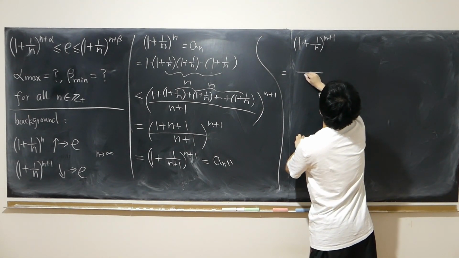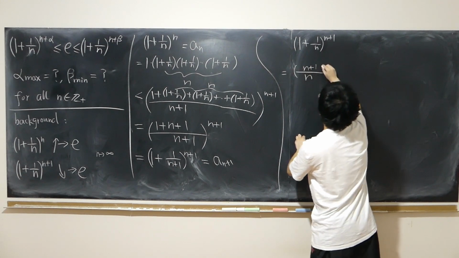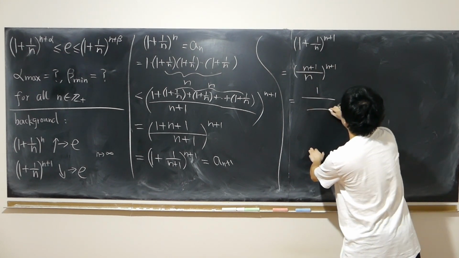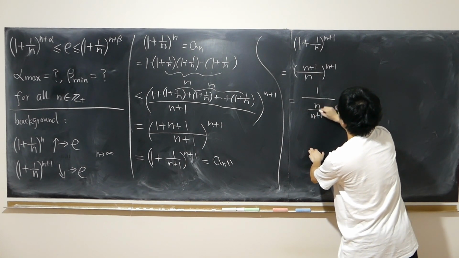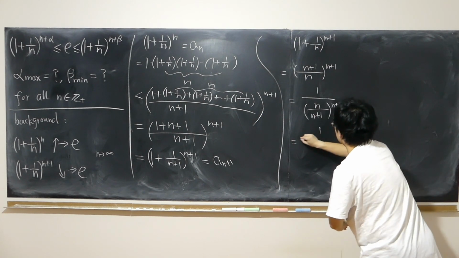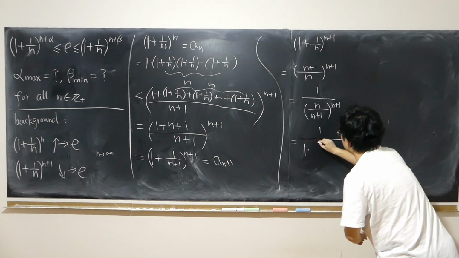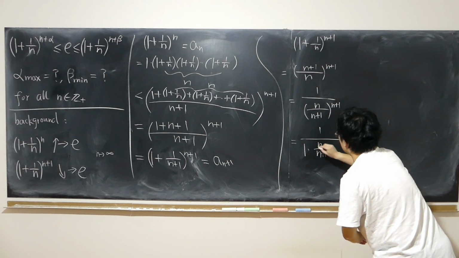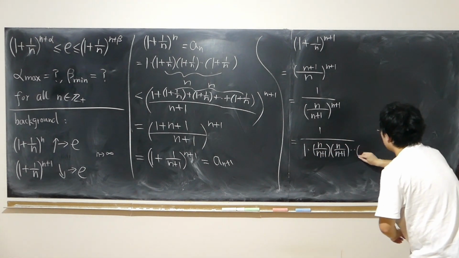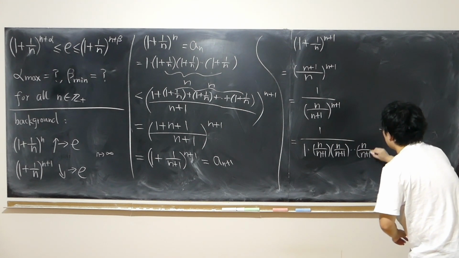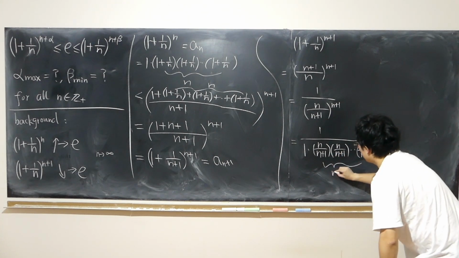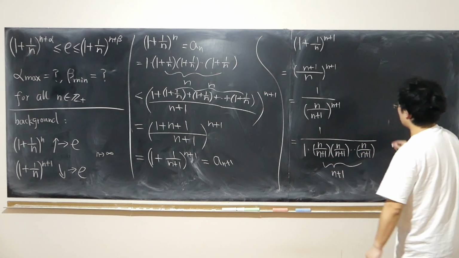That is equal to n plus 1 over n to the power of n plus 1, which is equal to 1 over n over n plus 1 to the power of n plus 1. That is equal to 1 over 1 times n over n plus 1 times n over n plus 1, and so on, I have exactly n plus 1 many of them.